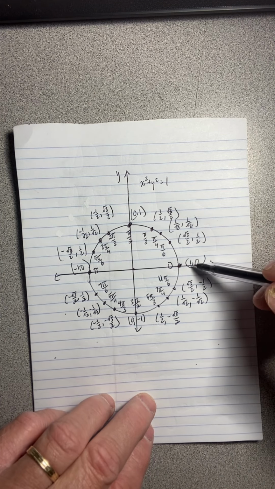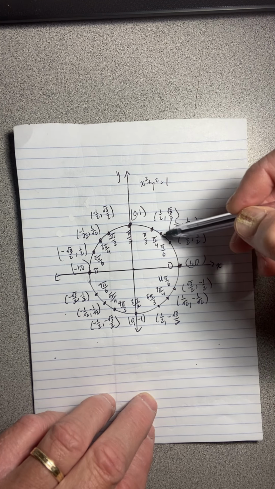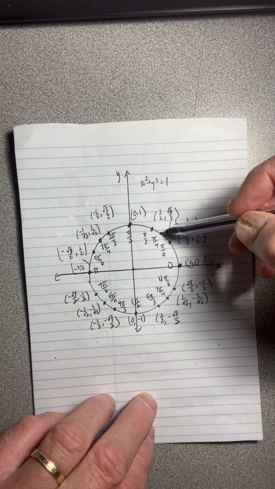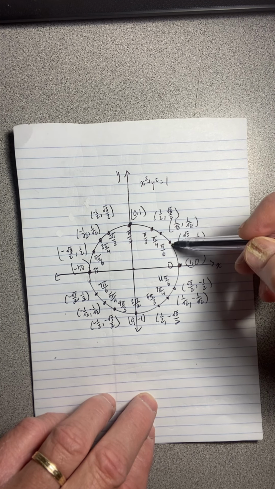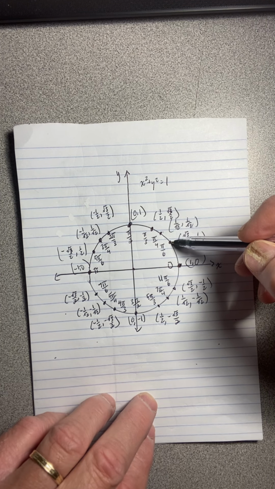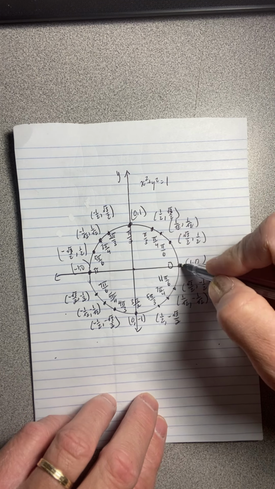And one of the things you notice about the convenient angles is there's only a 15-degree difference here, or pi 12ths radians difference here, but it's a pi 6 radian difference from 0 to pi 6, of course, which is a 30-degree difference. So there's this big gap here.